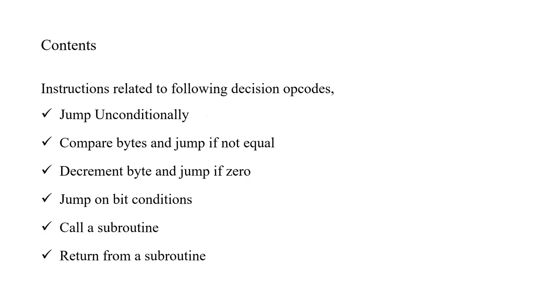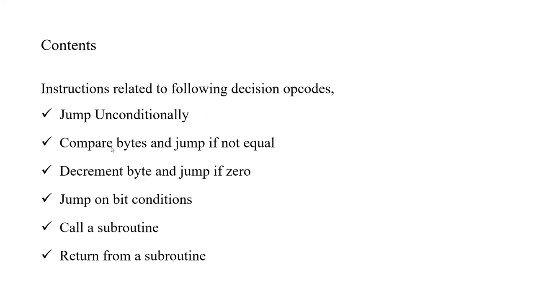If you see the contents for the branch instruction, we'll study some of the decision opcodes. The first one we studied is unconditional jumps.